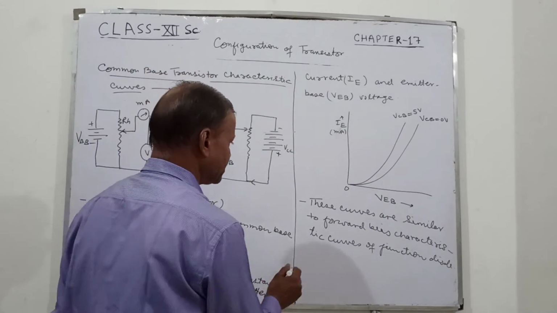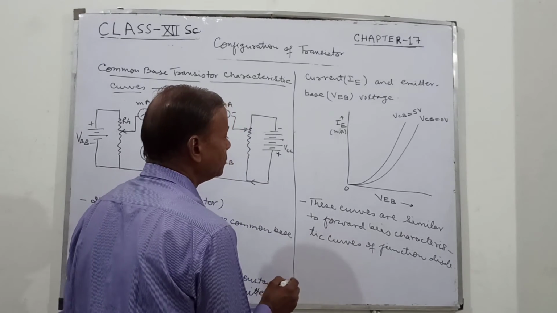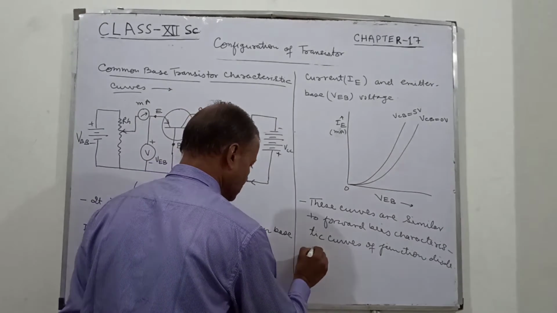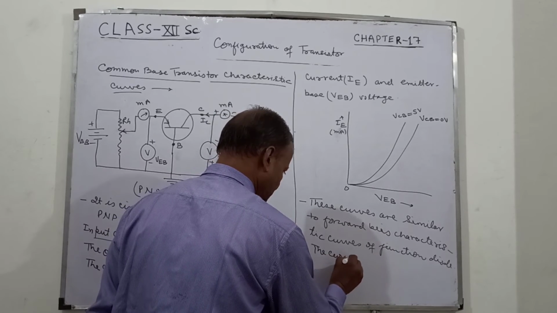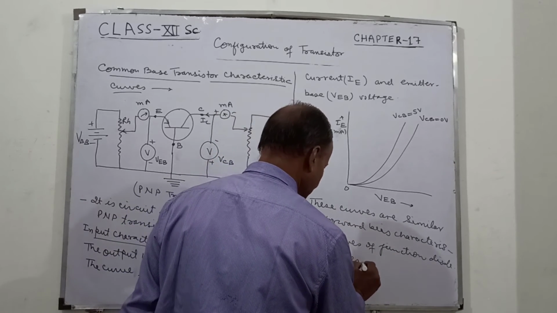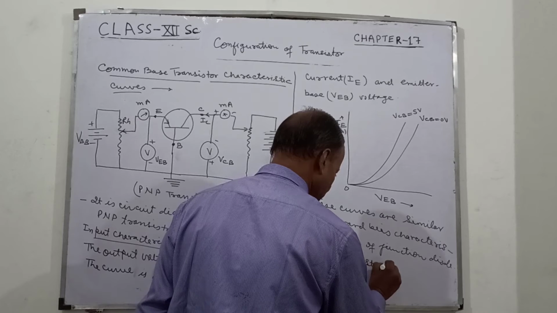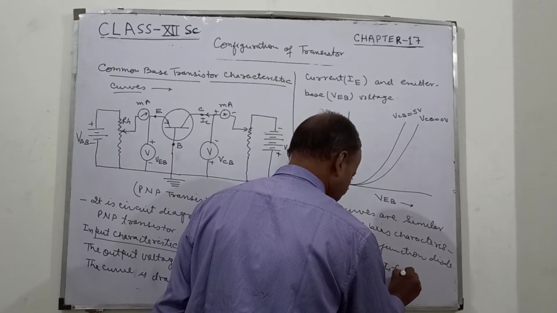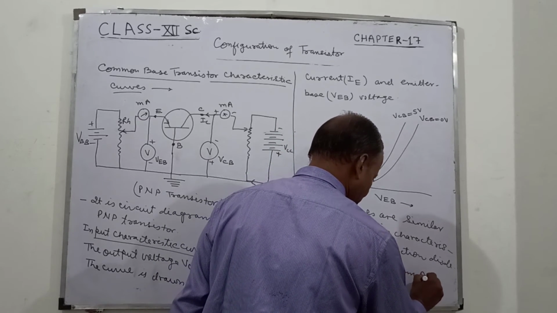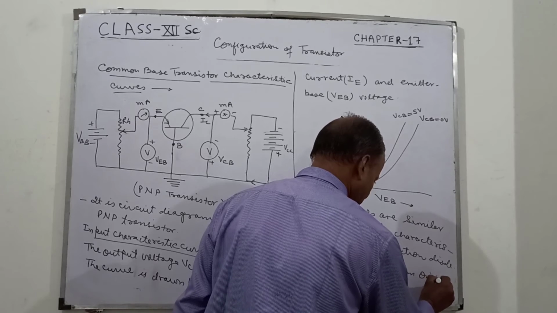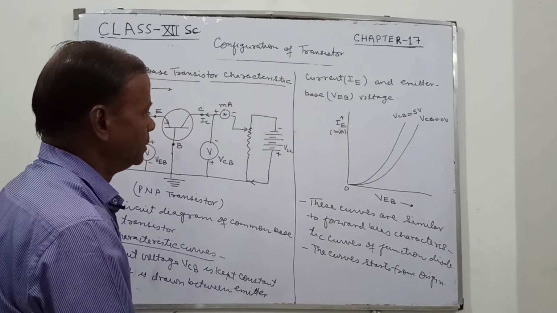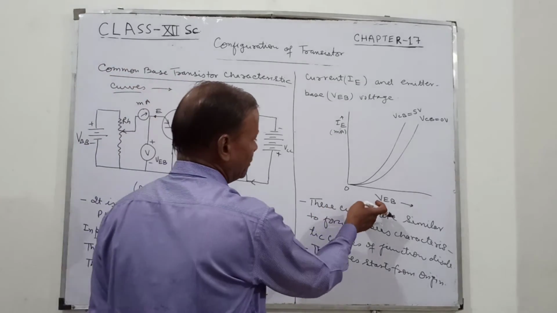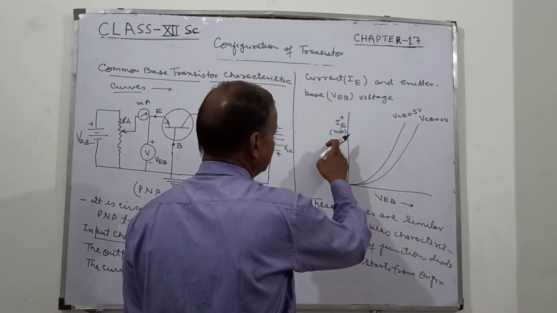The curves start from the origin, from 0, and you can see that as VEB increases, the current increases.